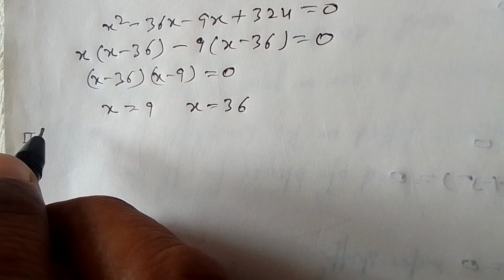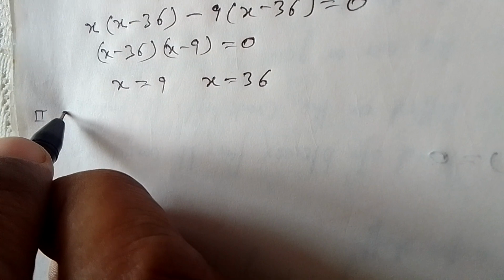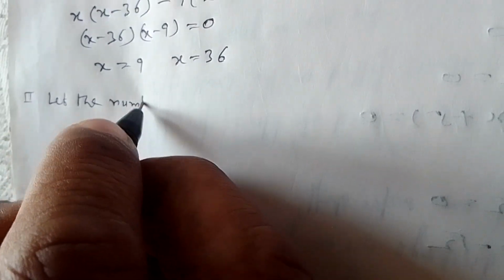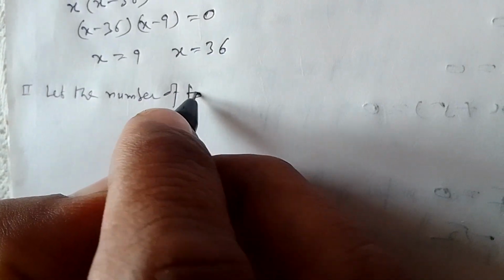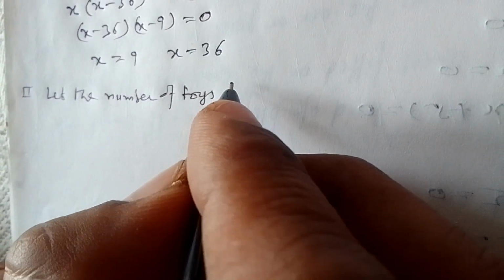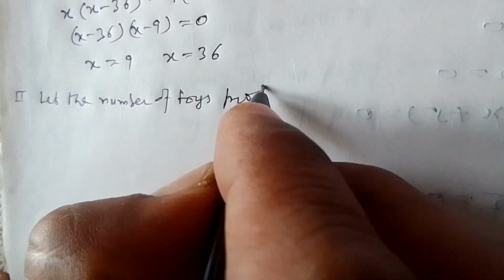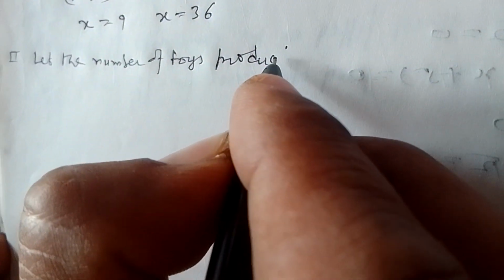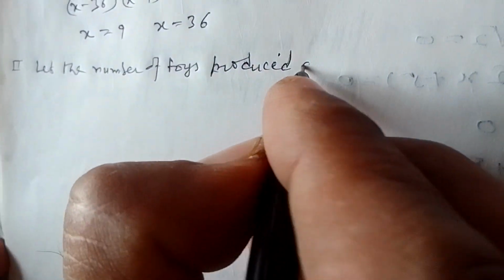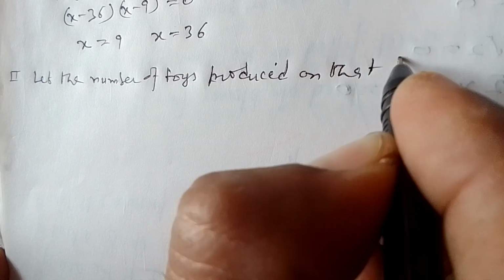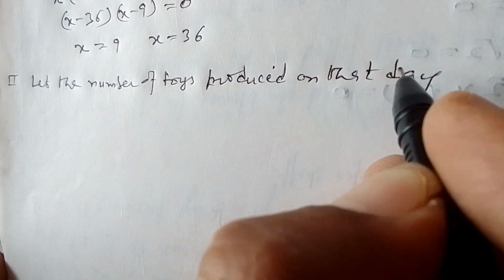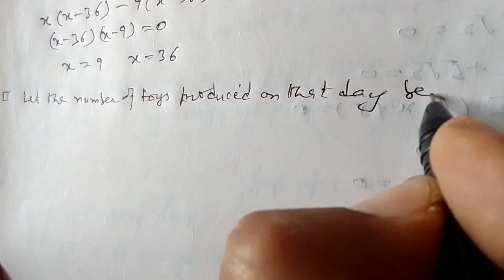Solution of the second part is, let the number of toys produced on that day be equal to x.